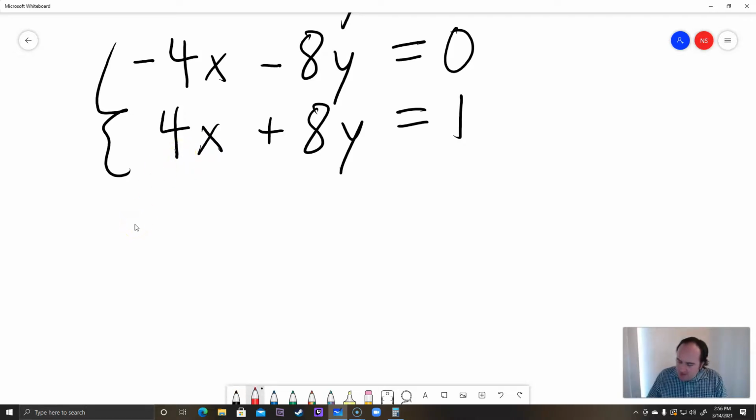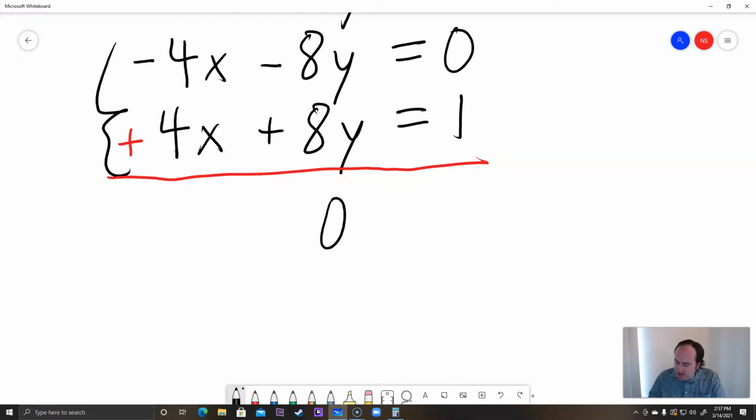The variables are already lined up, so we just add straight down. Negative 4x plus 4x is 0, but then we have an interesting situation. Negative 8y plus 8y is also 0. So on the left side, we just have 0, because all this stuff got eliminated, not just x, but also y.